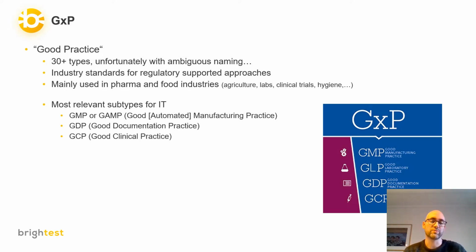So most relevant subtypes for IT, or you may see, are the GMP and GDP, being the good manufacturing practice and good documentation practice, since we have to document properly, of course. Other ones that you may see are GLP, like good laboratory practices, or GCP in terms of companies involved in clinical trials, the good clinical practices, and so on.